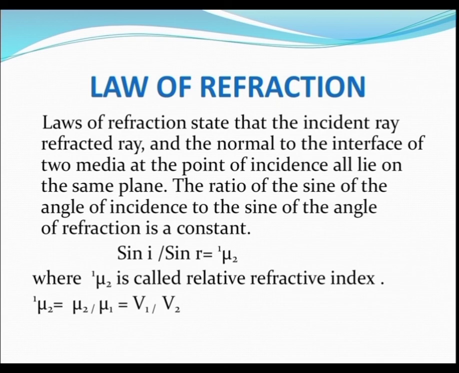Therefore, sin I over sin R is equal to the refractive index of the denser medium with respect to the rarer medium, or the refractive index of the second medium with respect to the first medium. Relative refractive index is equal to mu2 over mu1, which is equal to v1 over v2. Therefore, relative refractive index is the ratio of speed of light in the first medium to the speed of light in the second medium.